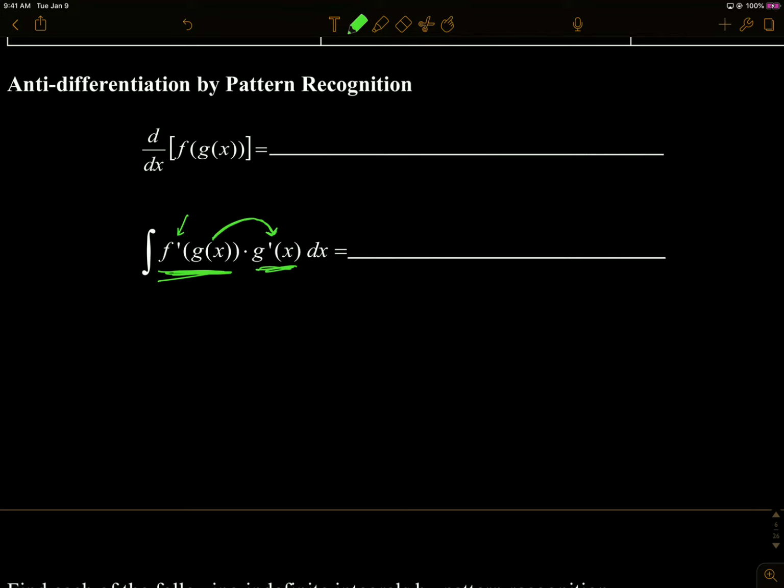So remember, we know the derivative of that is f prime of g of x times g prime of x. There's our chain rule. And then if we take the integral of that derivative, we get back to the original f of g of x plus c. So notice once we figure out that we can integrate, this is the thing that is our license to integrate.